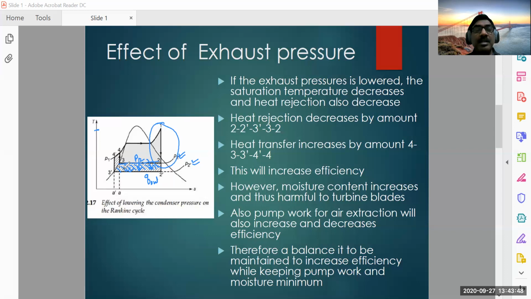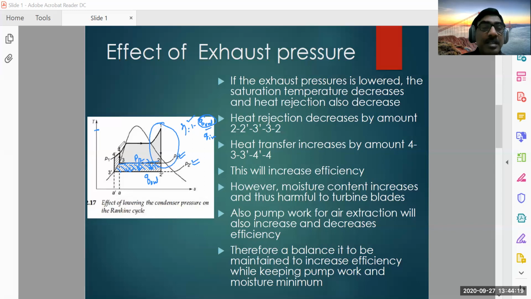So what is the effect of that? The efficiency is 1 minus Q out by Q in. So if Q out is getting decreased, ultimately the efficiency is going to increase. So if the exhaust pressure is decreased, the amount of heat rejected will be decreased. And the heat addition is also getting increased.